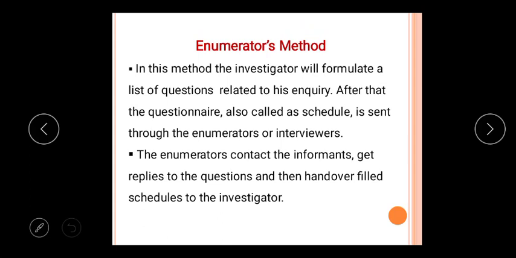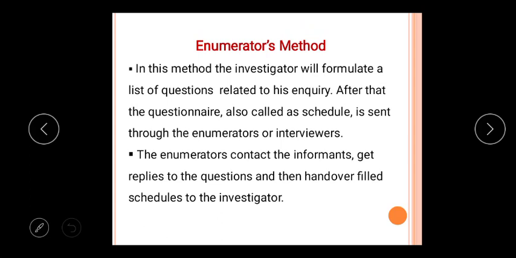That is, the questionnaire is prepared by the investigator according to the purpose of investigation. After that, the questionnaire, also called a schedule, is sent through the enumerators or interviewers. Means that the questionnaire prepared by the investigator, which is also called a schedule in case of the enumerators method, is sent to the informants or respondents through enumerators.